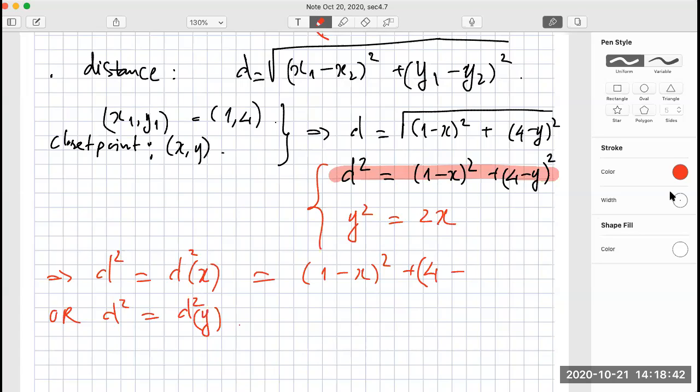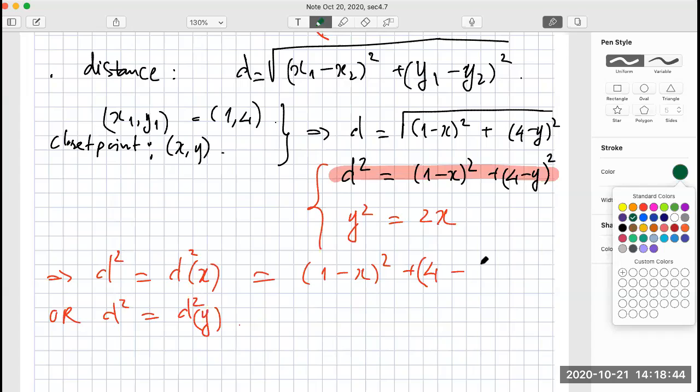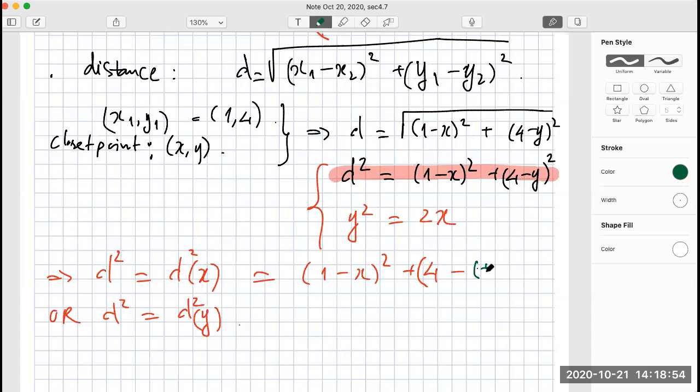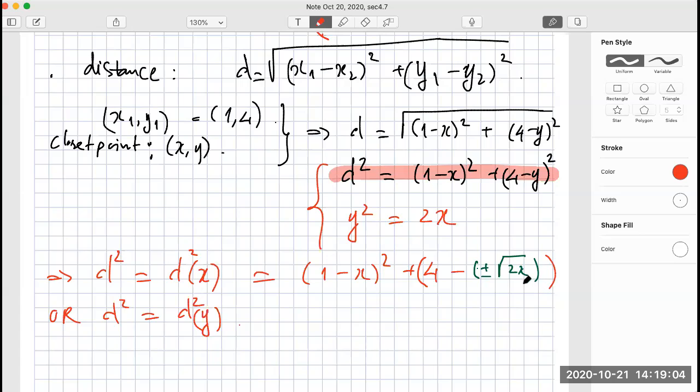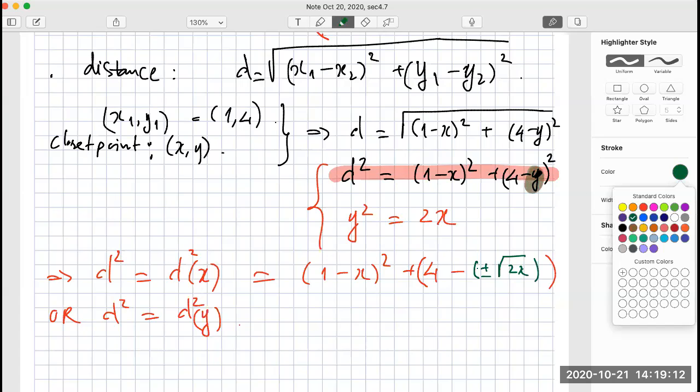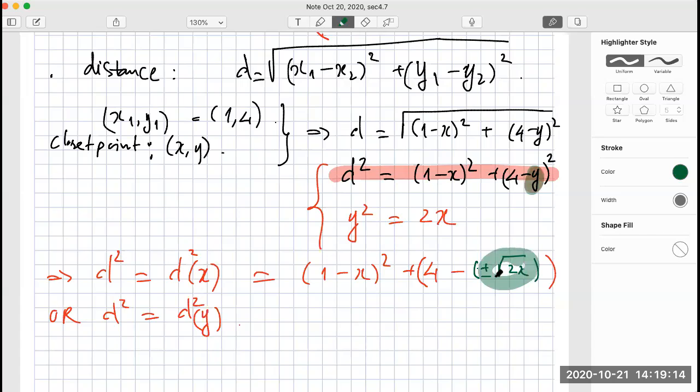It will be plus and minus the square root of 2x, right? There are two possibilities. Do you see it? We need to write y in terms of x here. Okay?